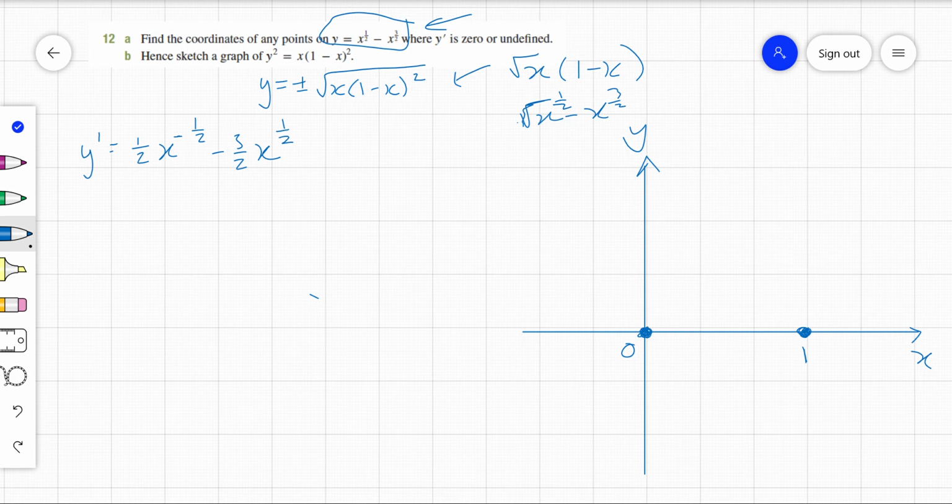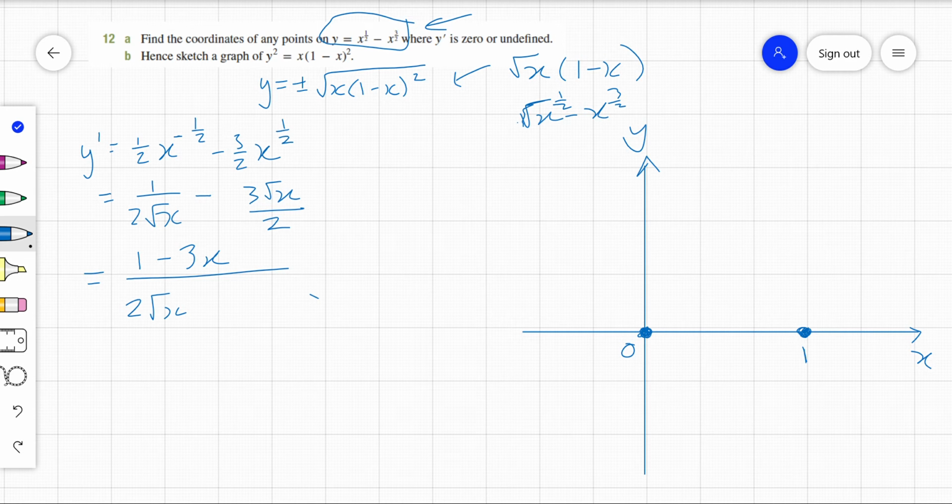So if we have a bit more of a look at that, that's like this. Minus 3 root x on 2, if I make a common denominator. So that stayed the same, and I times this by root x. So I get 1 minus 3x. Is that right?